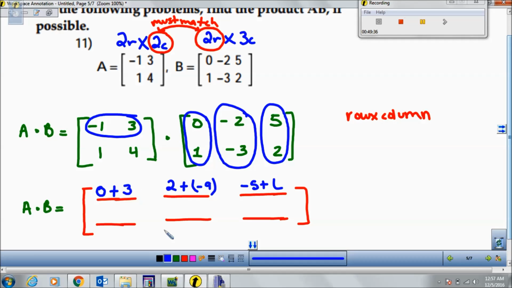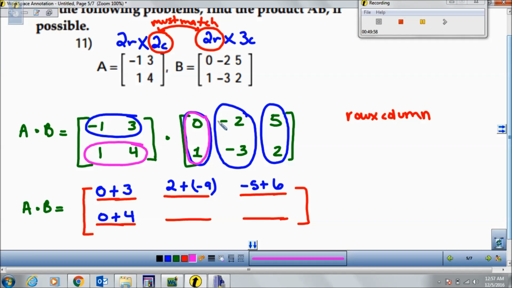And now we're going to move on to row 2, and then times each of these 3 columns, the same way we did with row 1. So negative 1 times 0, 0, 4 times 1, 4. You have the answers.